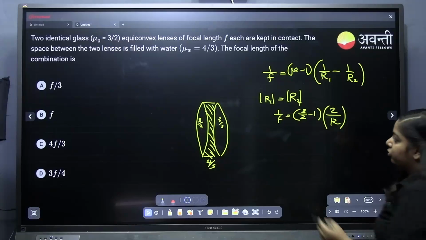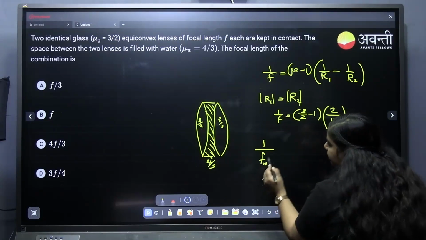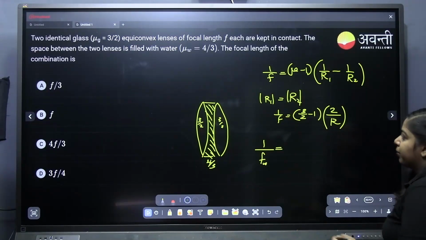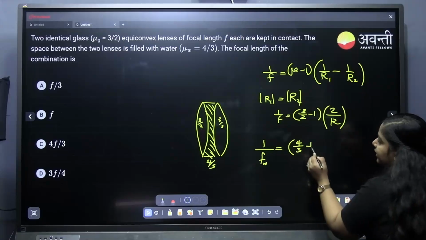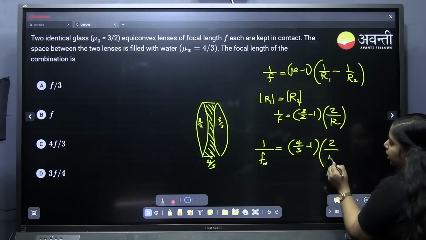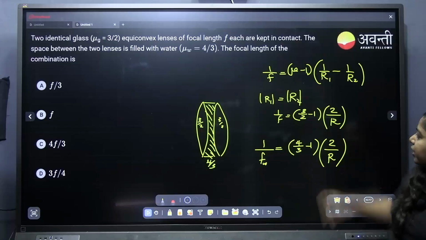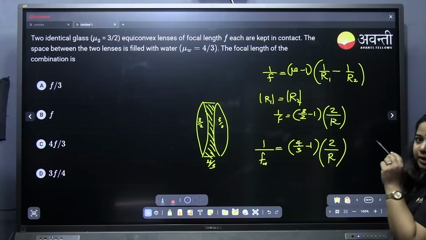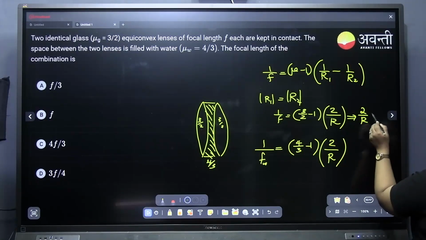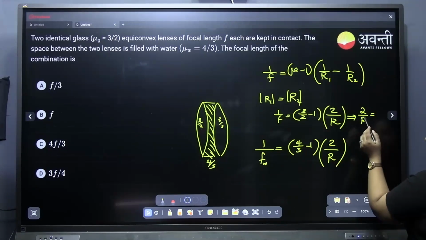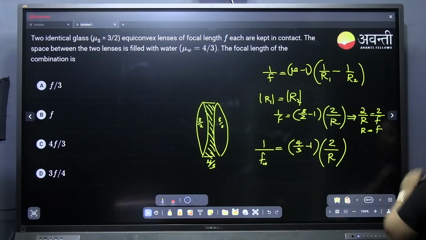This is 1 by f for the lens. Now for the water lens, 1 by focal length of the water lens, if you want to find, should be equal to 4 by 3 minus 1 into 2 by R. Based on this, 3 by 2 minus 1 is 0.5, 1 by 2, which gives us that 2 by R is equal to 2 by f, which means R equal to f.